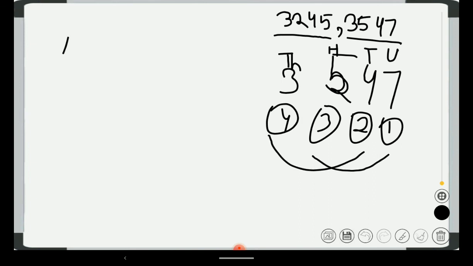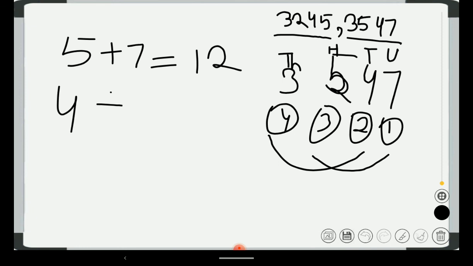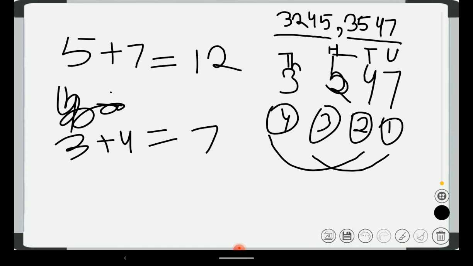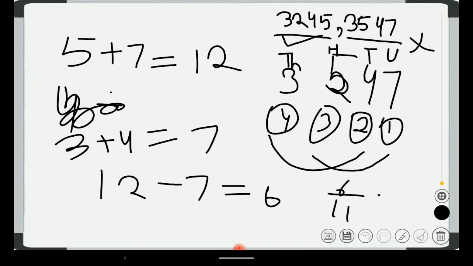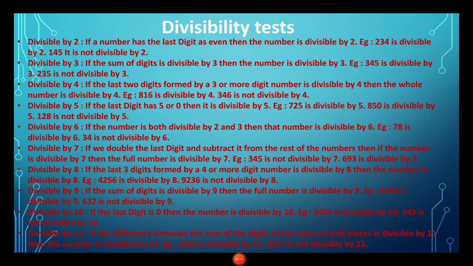So let me add 5 and 7, which is 12, and 4 and 3, which is 7, and 12 minus 7 gives 5, and 5 is not divisible by 11, so this number is not divisible by 11, and 3245 is divisible by 11.